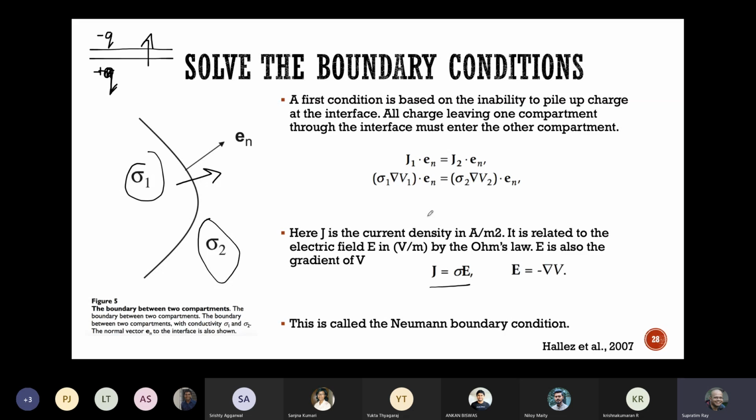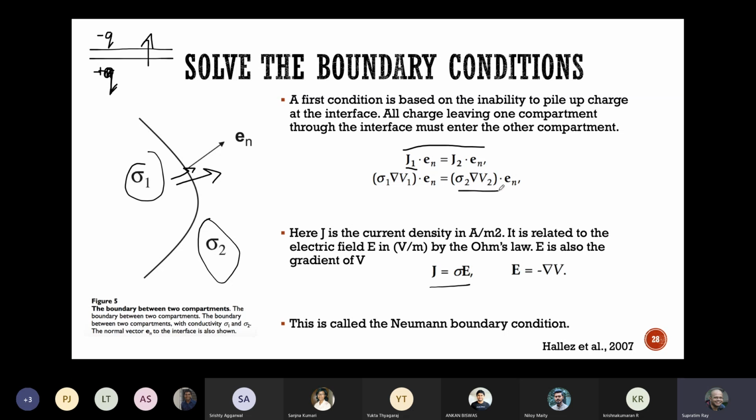So what this formula is saying is that if I look at the component of the electric field which is orthogonal to the boundary, then the current that is going through on this side, which is J1 dot product with En, is the same as the current that's entering on this side. The current is given by sigma 1 times the gradient of the voltage in this direction.